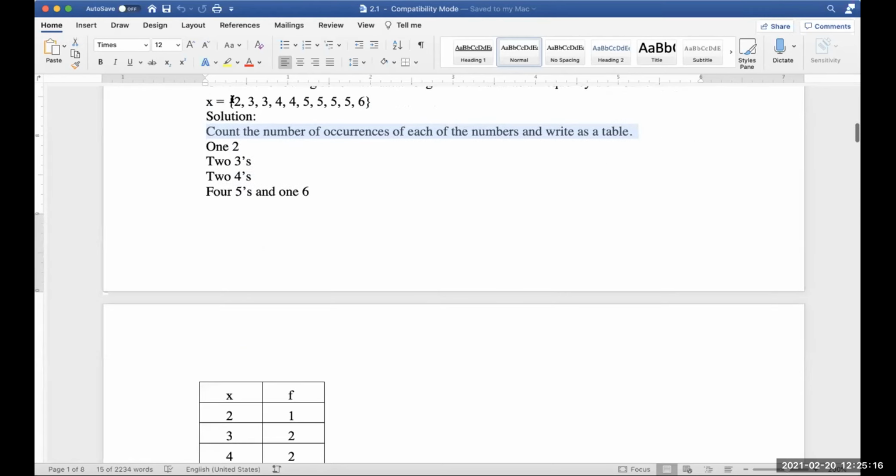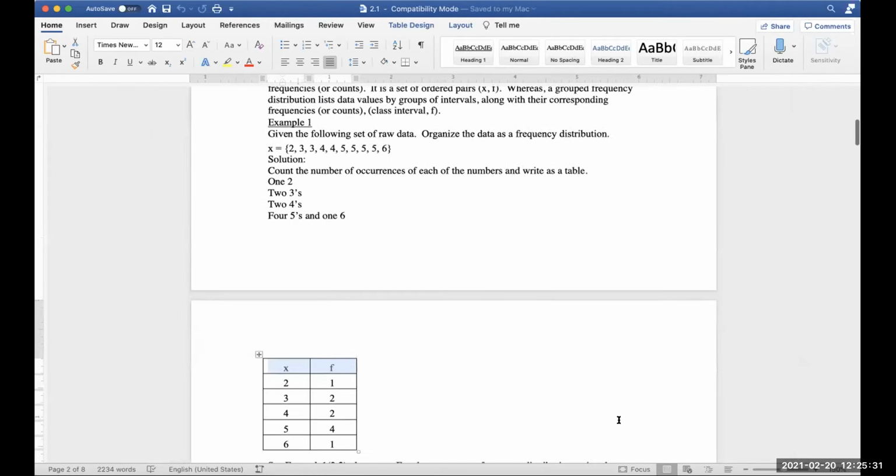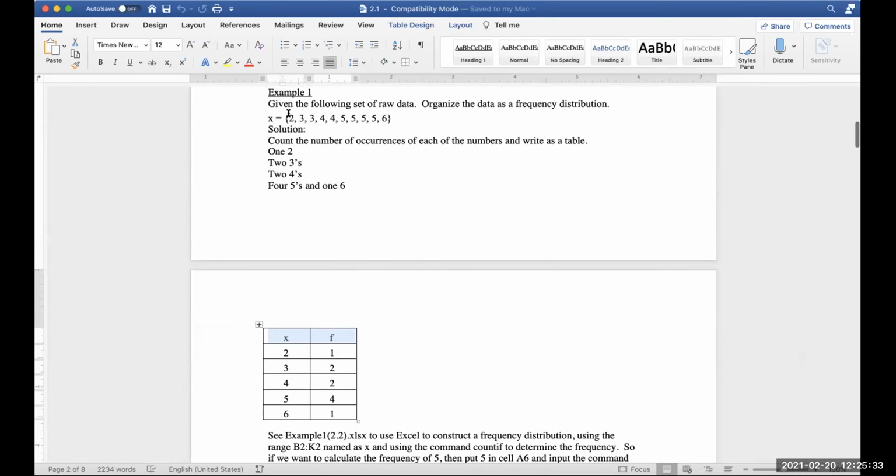Let's put X and F here. Let's see what values the random variable can take. My random variable can take on the values 2, 3, 4, 5, and 6. So I'll just list here 2, 3, 4, 5, 6.